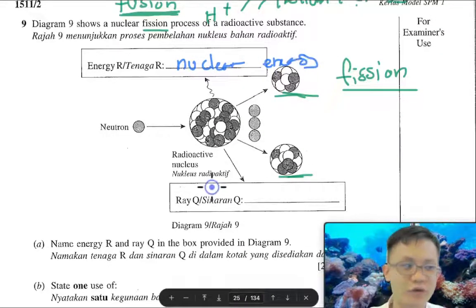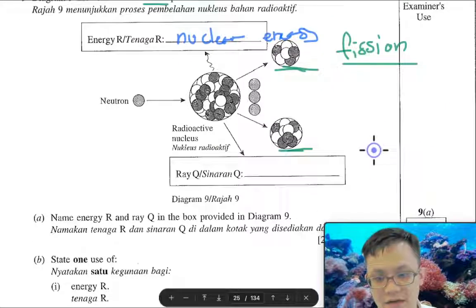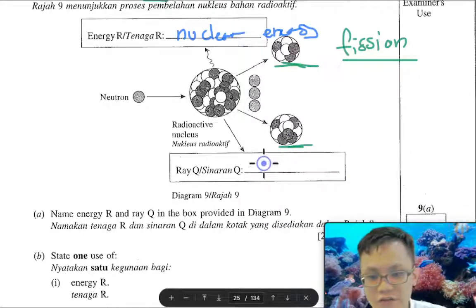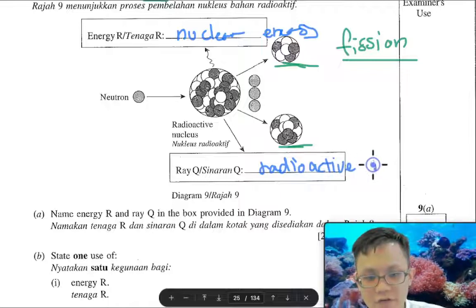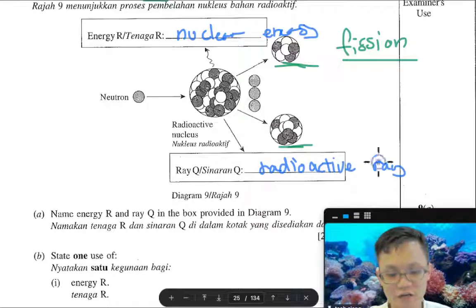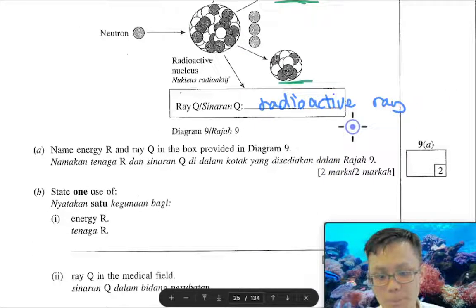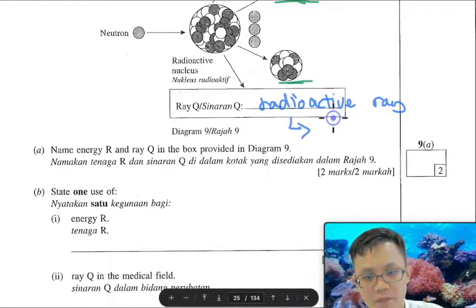Ray X, what is ray X? Okay, very good. This one will be radioactive ray, which is very harmful to humans. What can it cause if you are exposed to radioactive ray? Cancer.